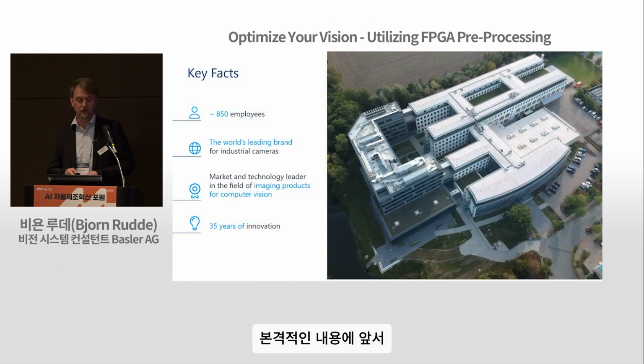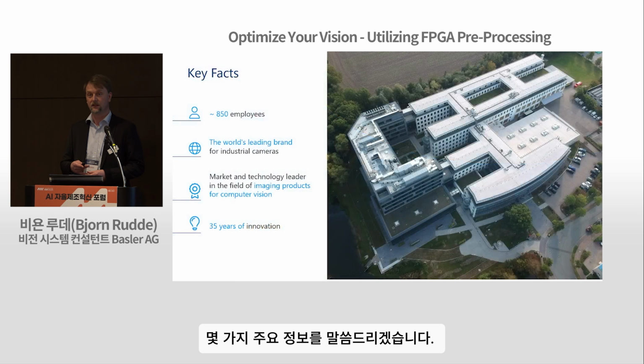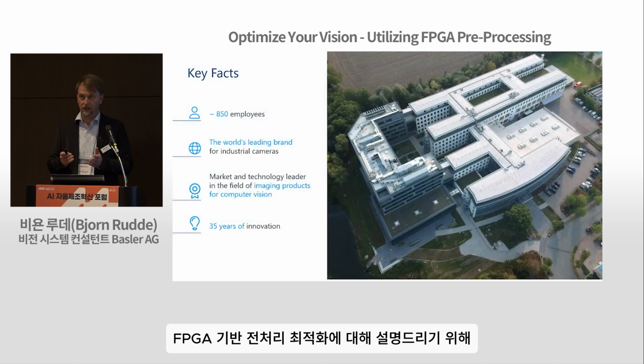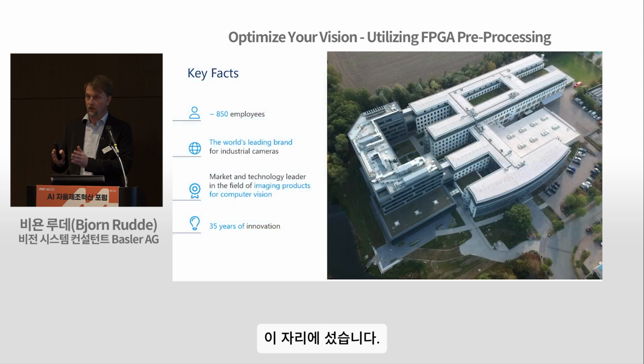But first of all, I would like to give you some key facts about our company Basler. I'm coming from the German subsidiary in Europe, being here for presenting this explanation on how to optimize FPGA preprocessing.